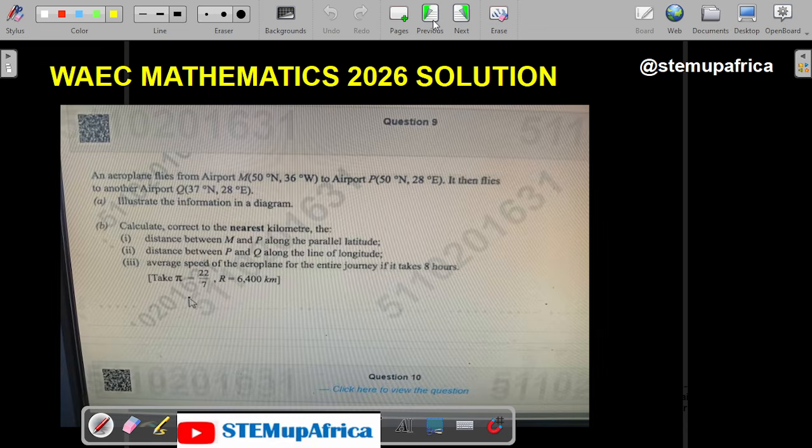So let's look at question 9. Question 9, we have a longitude and latitude here. The question says an airplane flies from airport M to airport P and then flies to another airport Q. So illustrate the information in a diagram.